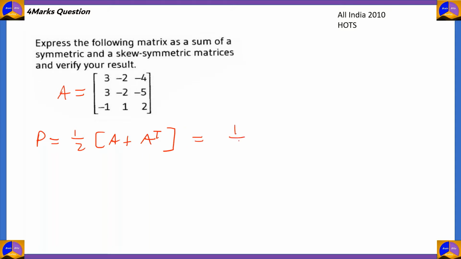So what we'll do is we multiply half to the original matrix, 3, minus 2, minus 4; 3, minus 2, minus 5; and minus 1, 1, and 2. And then we add it with the transpose of the same matrix.